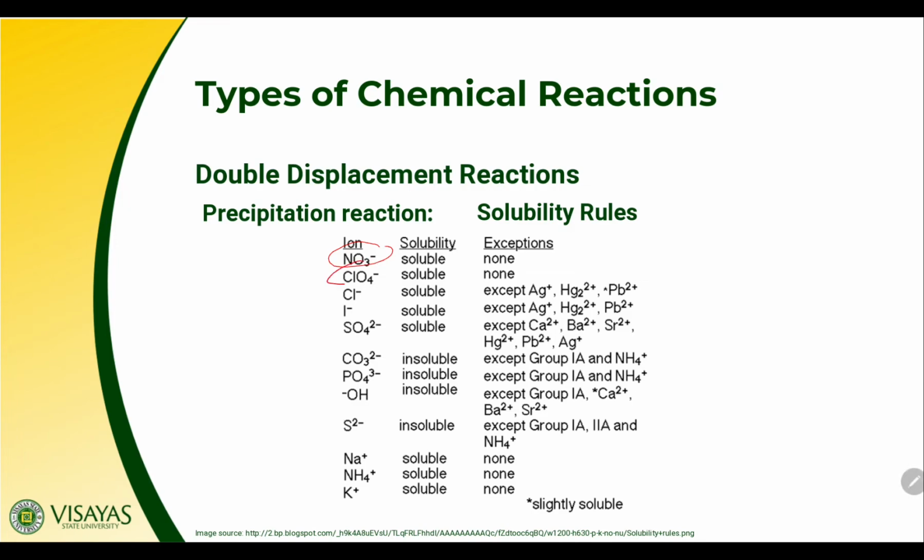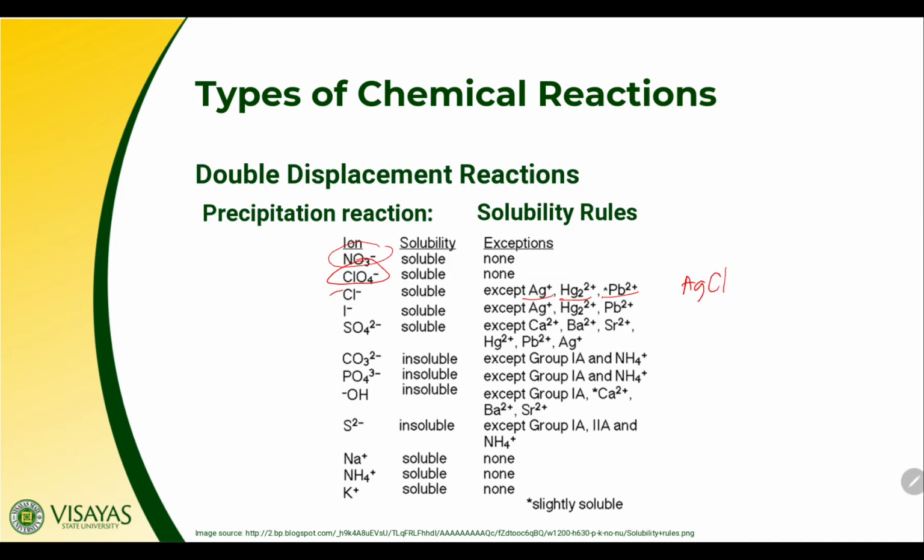Same with all compounds containing perchlorate ion. They are all soluble. They don't form precipitates. For chloride ion, they are soluble except when they are combined with silver, mercury 1, and lead 2. Okay? So only these chlorides are the ones which are insoluble or form precipitate.